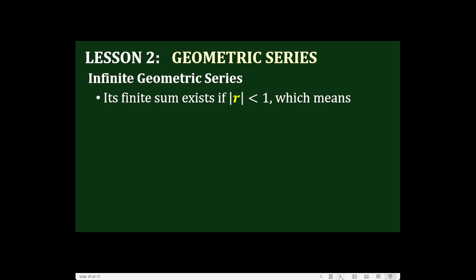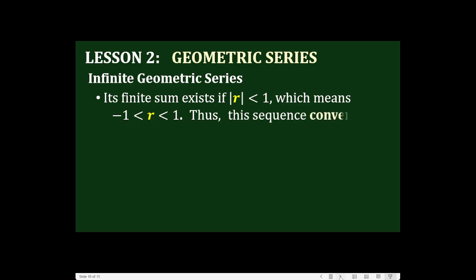Now, when do we say that the sum of this infinite geometric series exists? The sum exists if the absolute value of the common ratio R is less than 1, which means R is greater than -1 but less than +1.